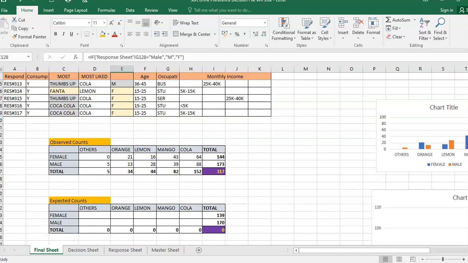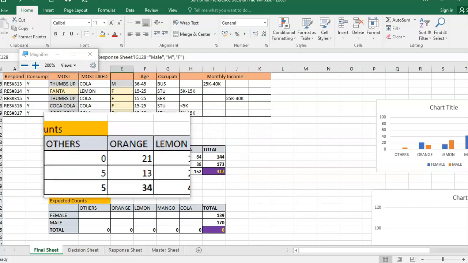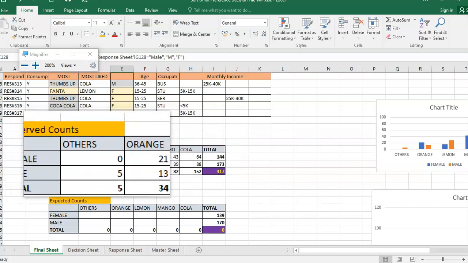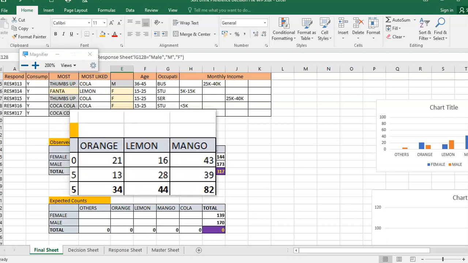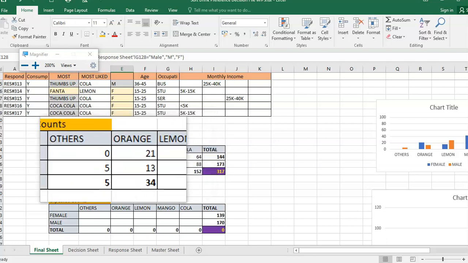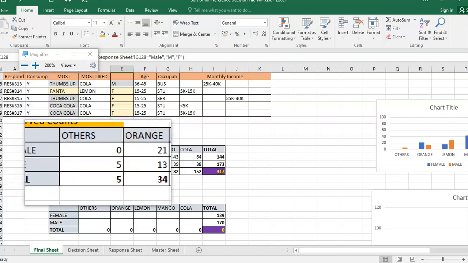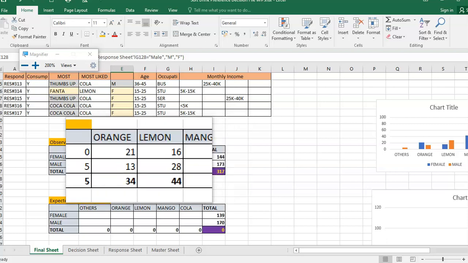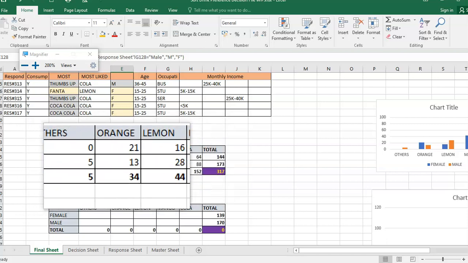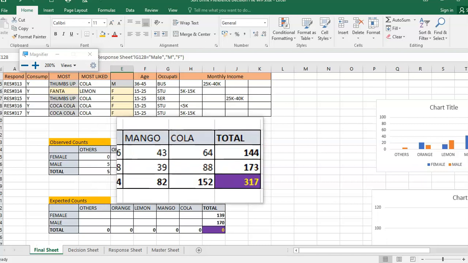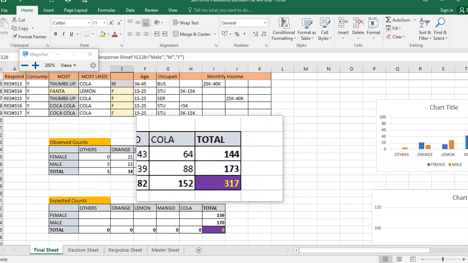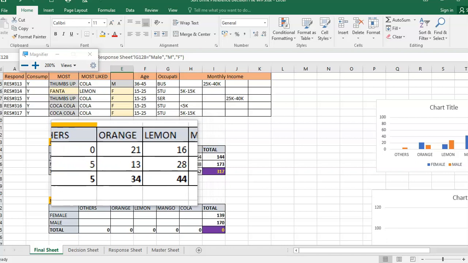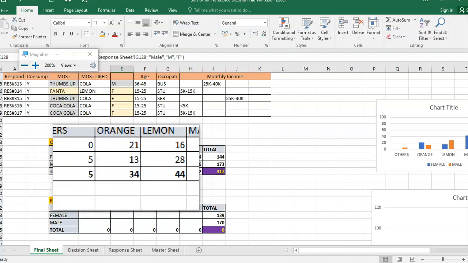What we have done here is created a table where we have counted how many females are consuming what flavor and how many males are consuming what flavor. That is, what is the favorite flavor of males and females.